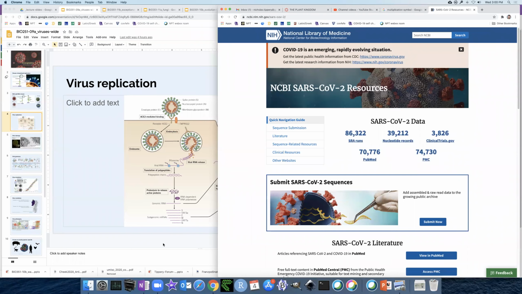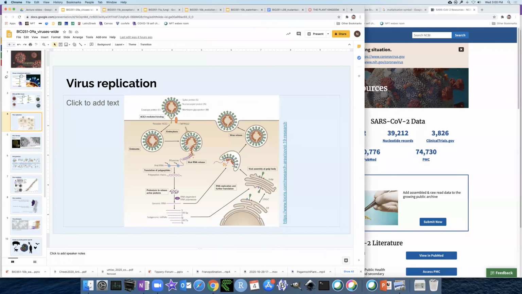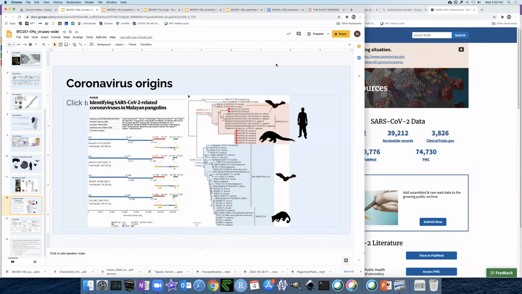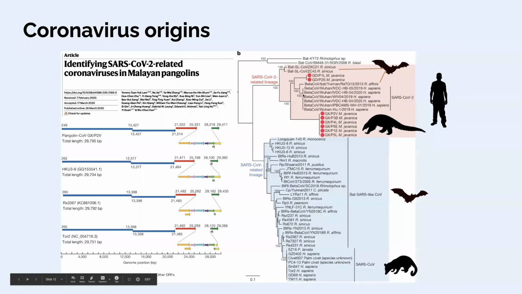That relates to an illustration I showed in the virus presentation. So this is the relationship of coronaviruses. This is SARS-CoV related and SARS-CoV-2 related. So a specific version of this virus cropped up recently, and it's known to exist in animals.